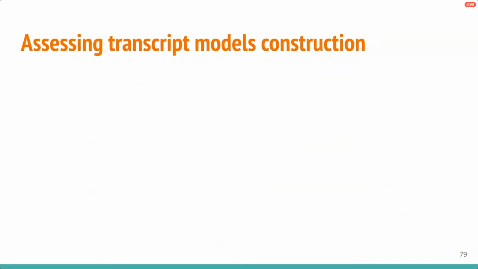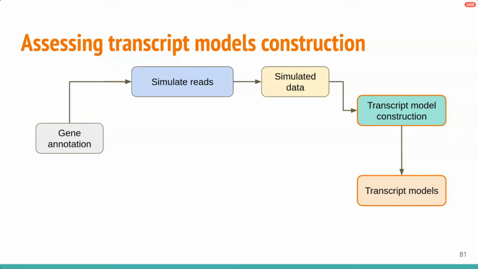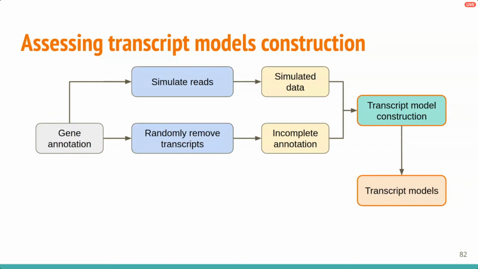And the second experiment we carried out assessed how well we restore transcript models. What we did here, we simulated reads again using the entire transcriptome from the entire annotation, and fed it into different transcript model construction tools, for example, into our tool and other tools I will list in the next slides. But we also provided them incomplete gene annotation.